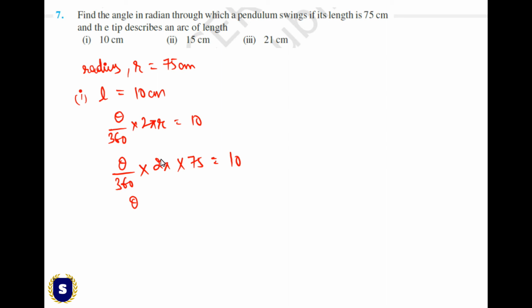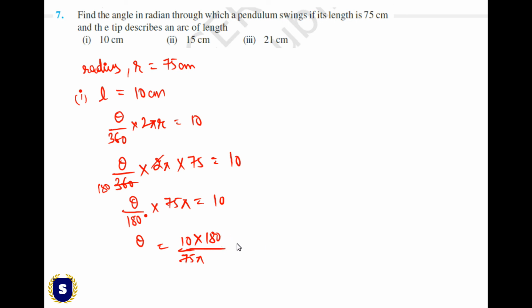So this will become theta by 180 into 75 pi equals 10, that is theta by 180 is equal to 10 by 75 pi. This is the angle in degrees.